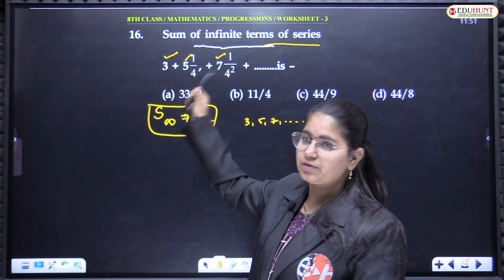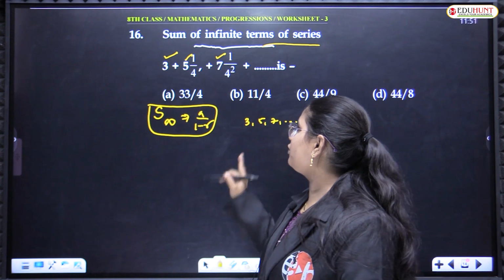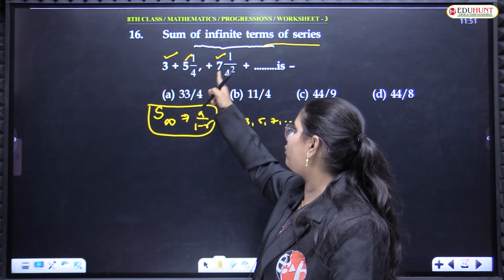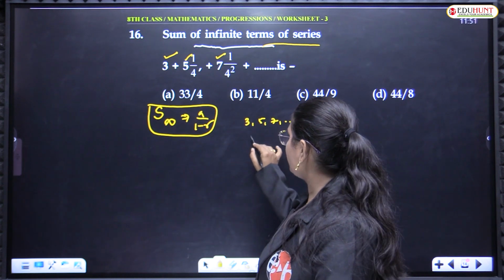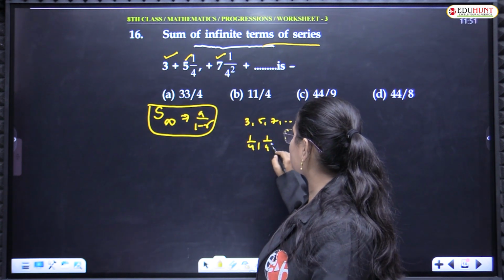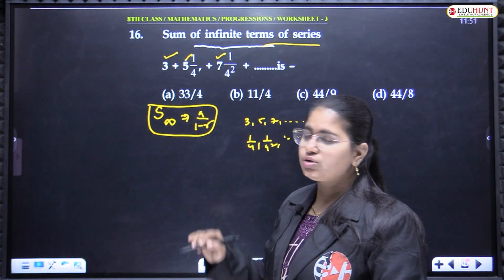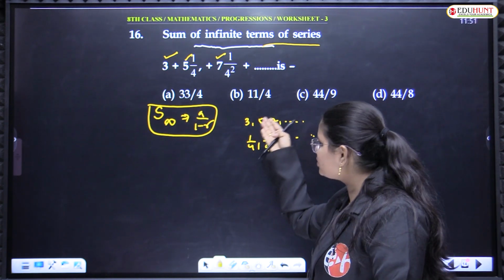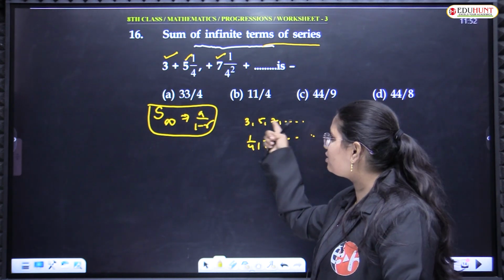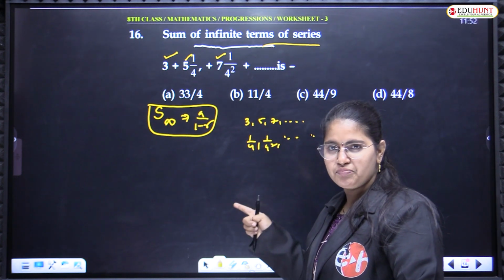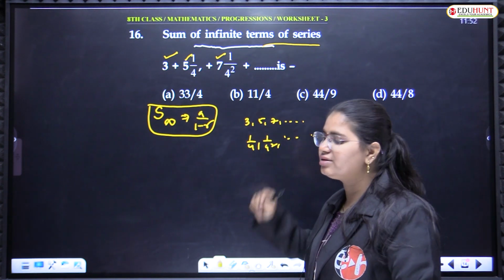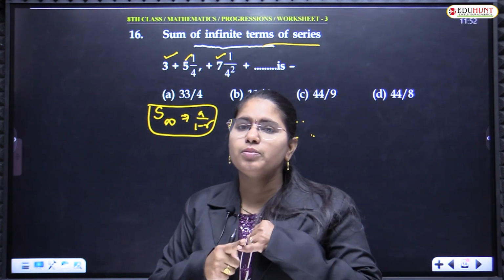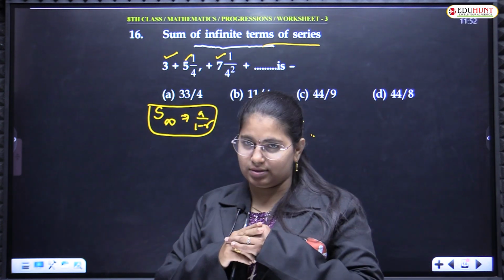And if you observe the fractional parts, in the first term you have 0, in the second term you have 1 by 4, then 1 by 4 square and so on. So, one set of terms is in AP and the other is in GP, because you see a common difference in the first and a common ratio in the second progression. So, it is a combination of arithmetic and geometric progressions, right?